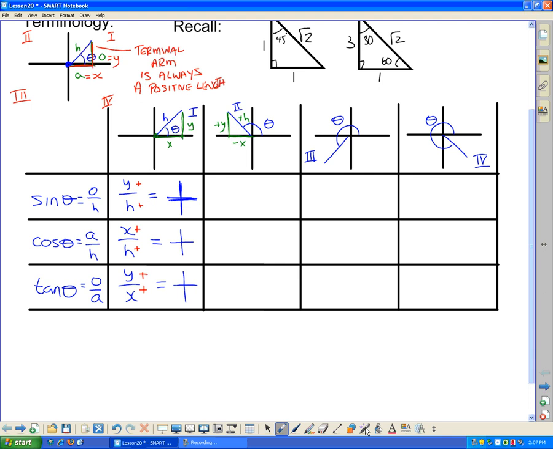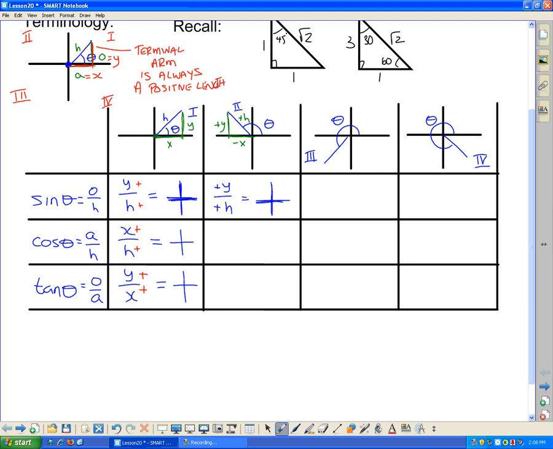So sine is my opposite, which is my y value: positive y over the hypotenuse, positive h. It always remains that. Even though the angle, the way we're drawing it, is outside the triangle, and we're going to talk about this a little bit later on, when we use the Cartesian plane, it's still opposite divided by hypotenuse to get that angle. Positive divided by positive will be a positive.